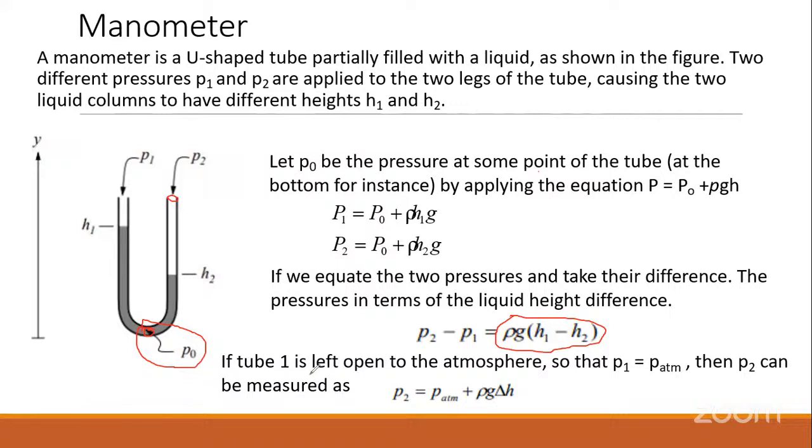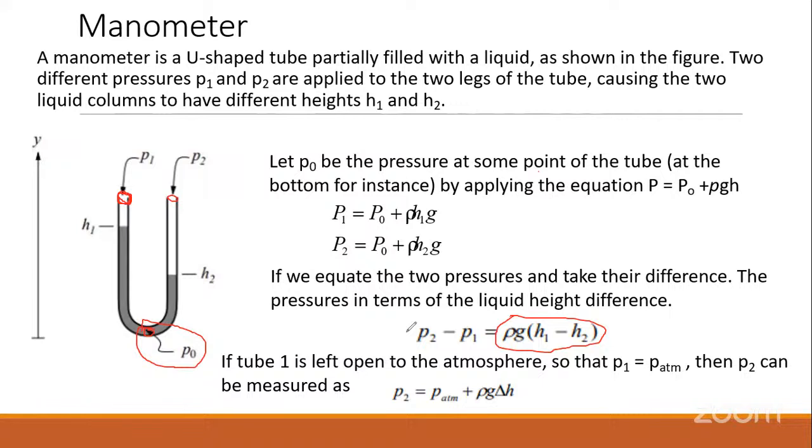So if tube 1 is left open to the atmosphere, then the pressure here will be atmospheric pressure. Initially we said that these two pressures are not the same. They are different pressures applied to both sides. So if this part is open to the atmosphere, the pressure here becomes atmospheric pressure.